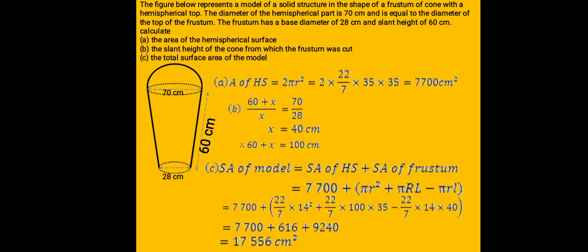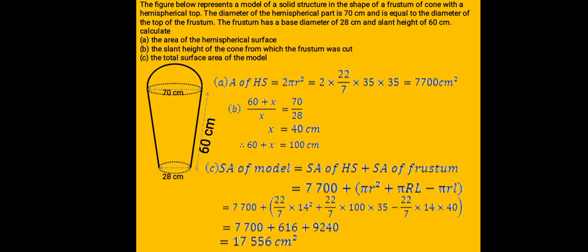So if we equate to what we have, the base diameter, we have that 60 plus x is equal to the larger diameter, which represents the diameter of the original cone, 70, and x, the upper diameter, which represents the diameter of the cut cone.